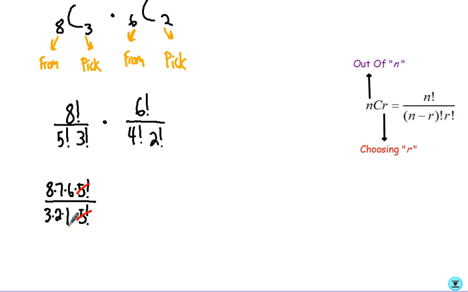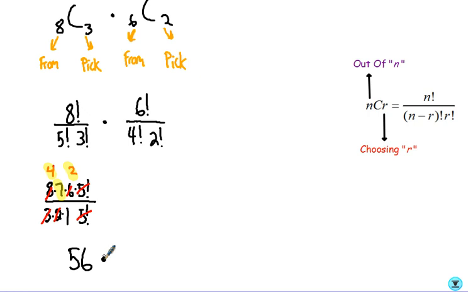Then I can do some canceling here as well. 3 goes into 6 2 times, 2 goes into 8 4 times, and then I just need to multiply whatever's left over. It's not a bad idea to highlight what you have left over, just to make sure you don't miss anything. So 4 times 2 would be 8, and then 8 times 7 would be 56.